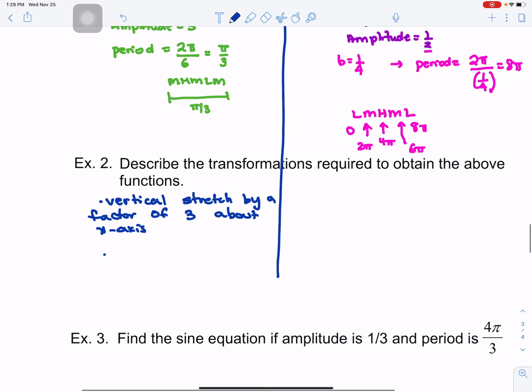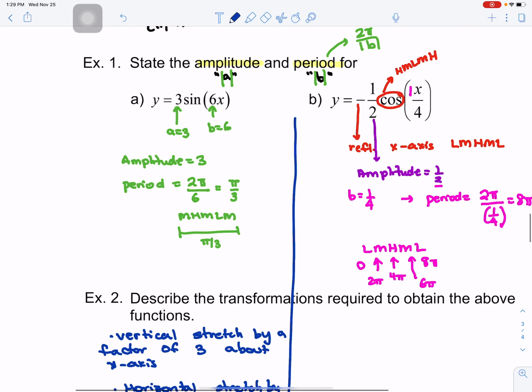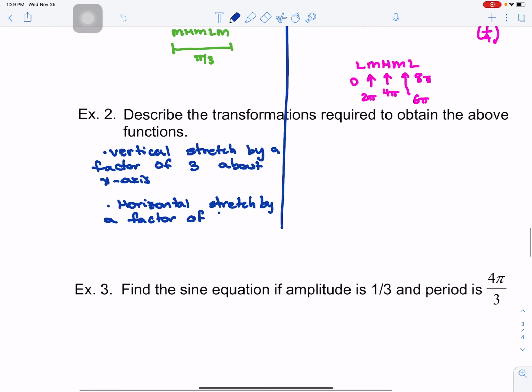And I have a horizontal stretch by a factor of, I look at my value, which is 6, and I invert it, 1/6, about the y-axis.